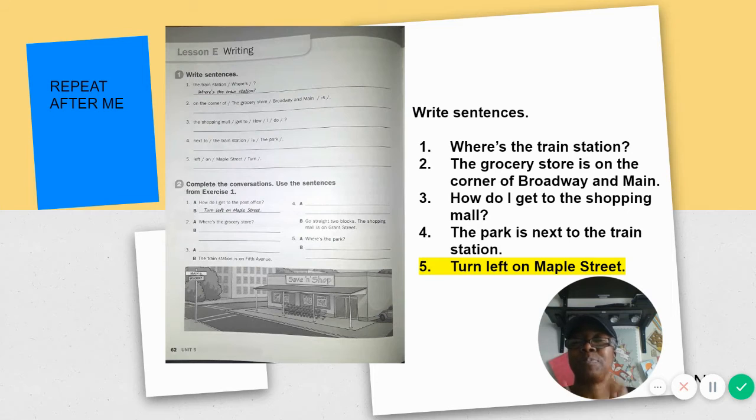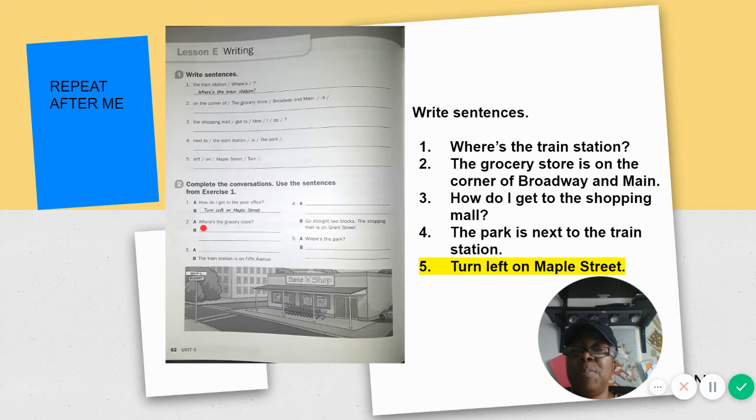All right, so person A, how do I get to the post office? Repeat after me. How do I get to the post office? Person B, you would say, turn left on Maple Street. Turn left on Maple Street. Okay, that's the answer to that question.